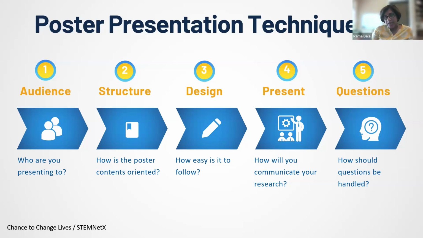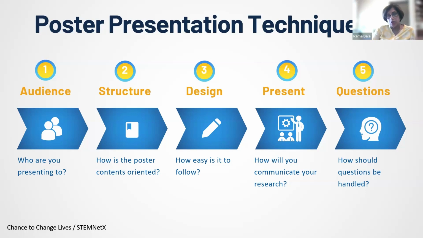And presentation techniques, your communications, engaging with the audience in terms of not only conveying the research results, but also how you keep up with following up on some of the discussions that you have.